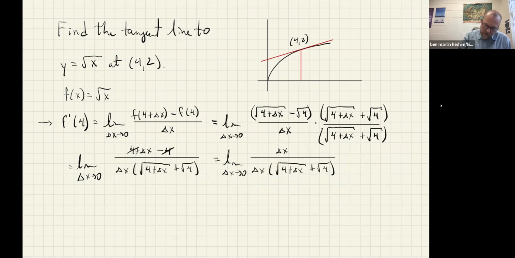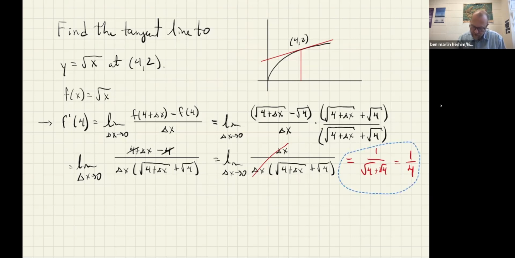All right, so then I'm going to cancel those out. And now I have a 1 on the top, right? And when I stick in the delta x being 0, I have 1 over the square root of 4 plus the square root of 4. So that is 1 over 2 plus 2. So 1/4.